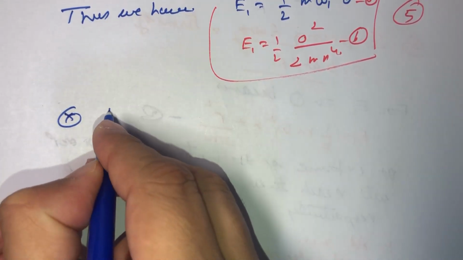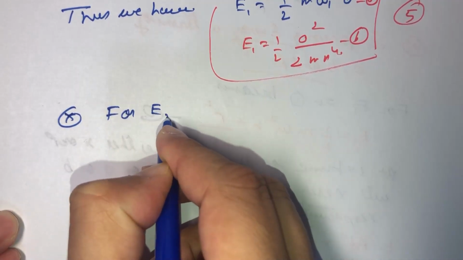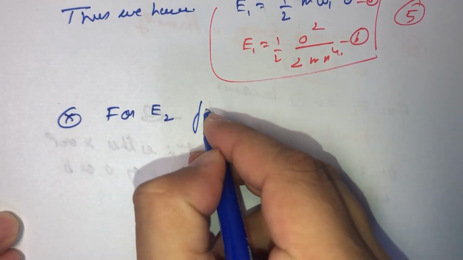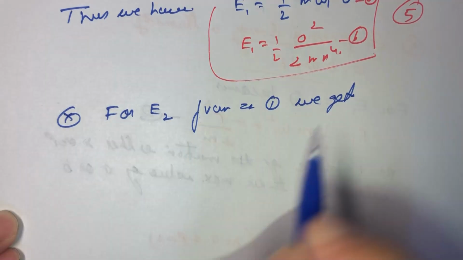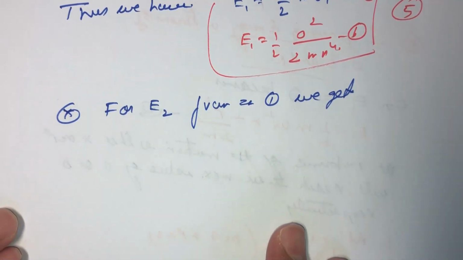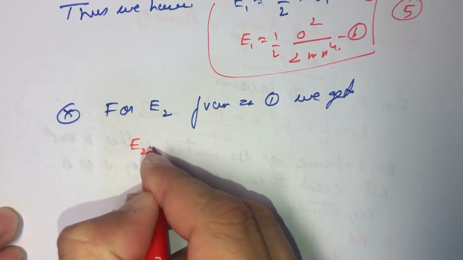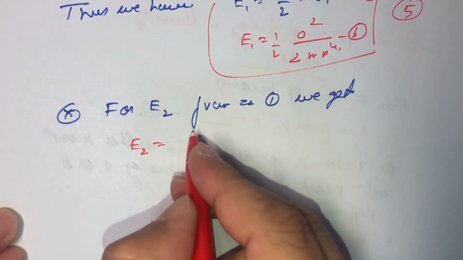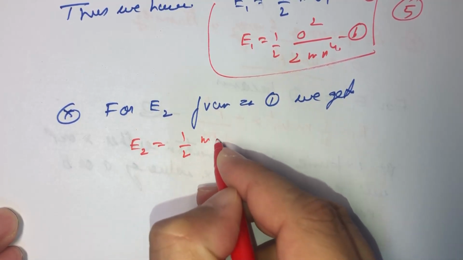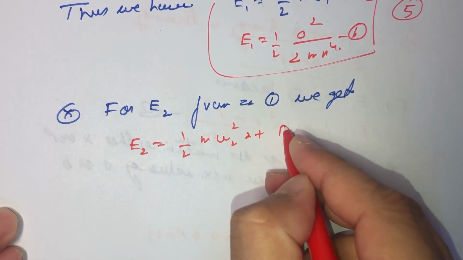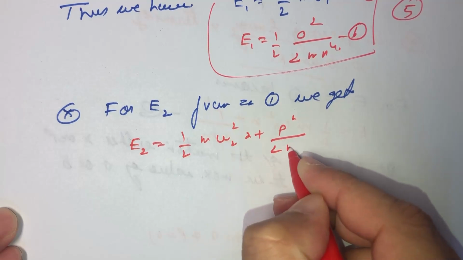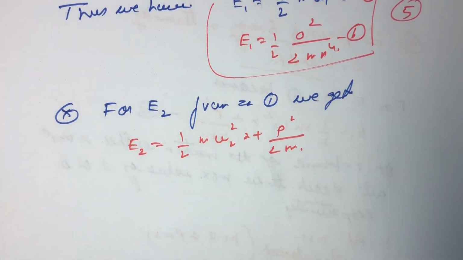So for E2, from equation 1, we get E2 will be equal to half m omega 2 square x square plus p square divided by 2m. And it is given that the trajectory of E2 is a circle.